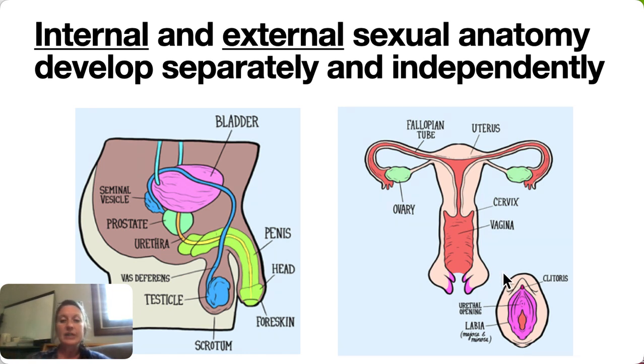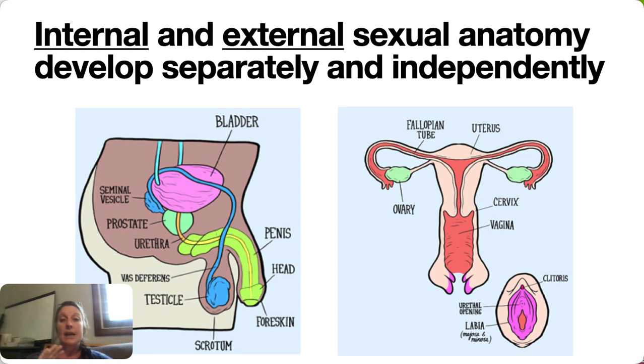That's the external. The internal female anatomy is the vagina, the cervix, which is the opening to the uterus, the fallopian tubes, also known as uterine tubes, and then, of course, the ovaries, where the eggs are produced.